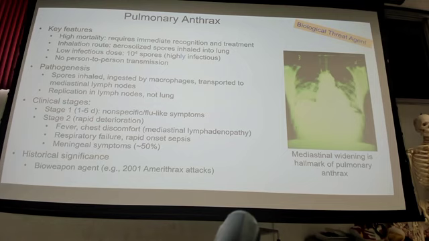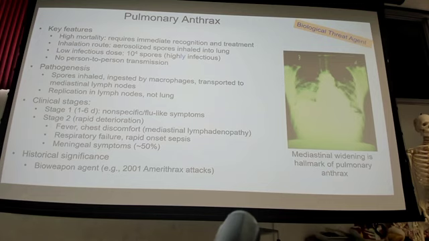All right, talking about these presentations. The first form we'll talk about is the form where you are breathing in aerosolized spores. These spores will be breathed into your lungs, and then in your lungs, those alveolar macrophages will take up or engulf those bacteria once they've germinated.